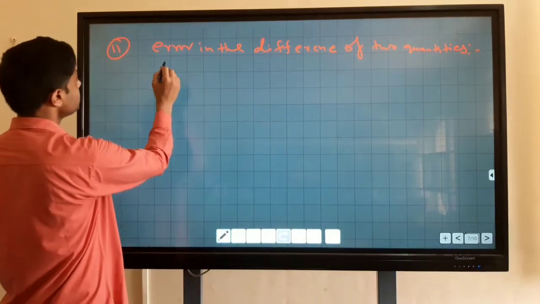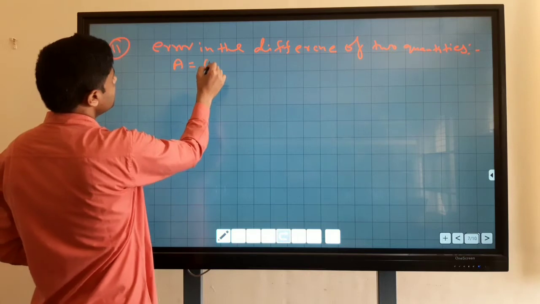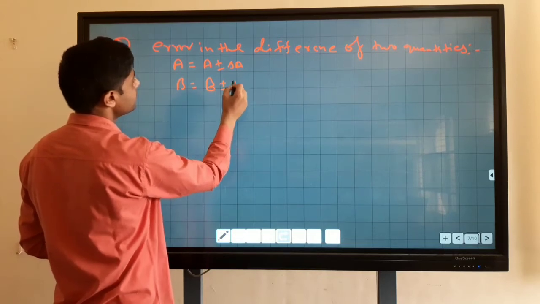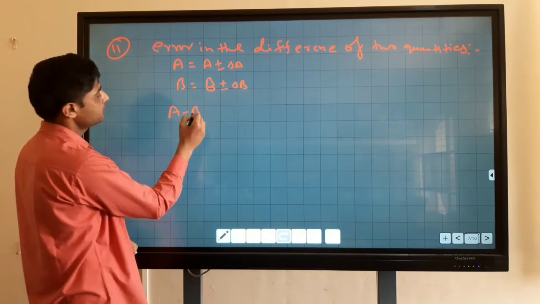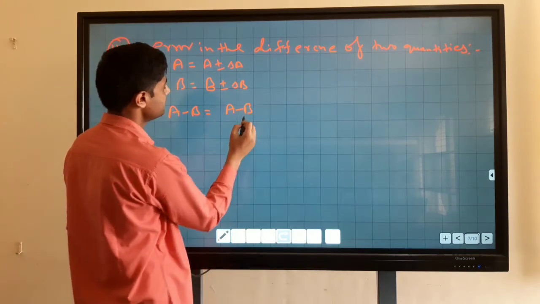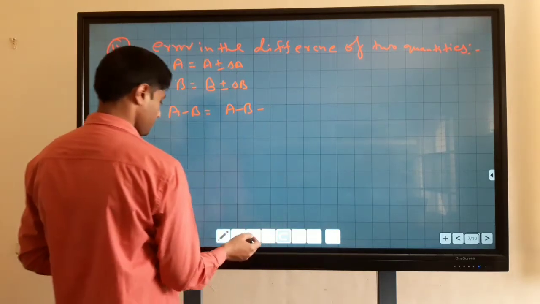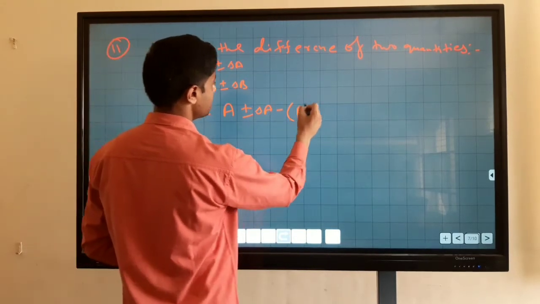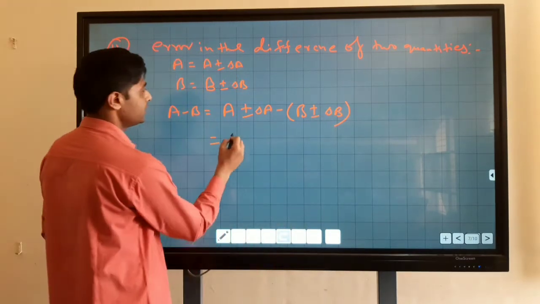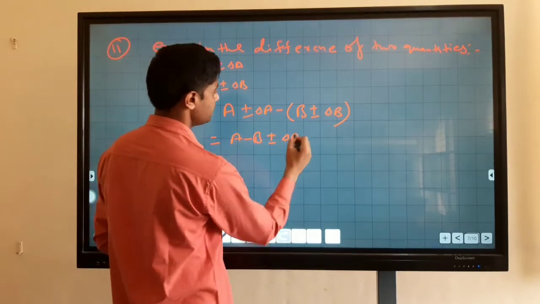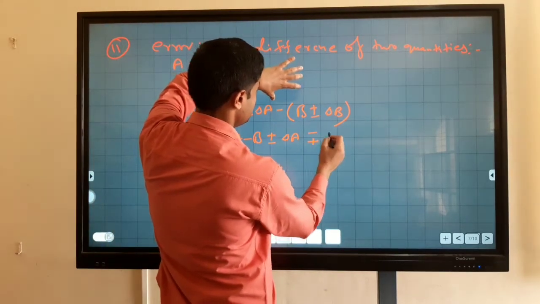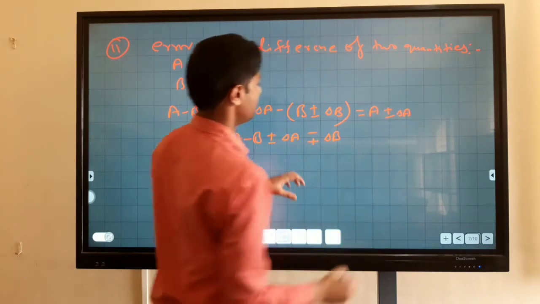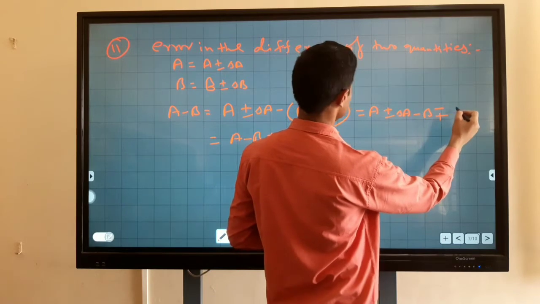Okay, let A equal to A plus minus del A, B equal to B plus minus del B, then A minus B equal to A plus minus del A minus B plus minus del B. It means A minus B plus minus del A and minus plus del B.